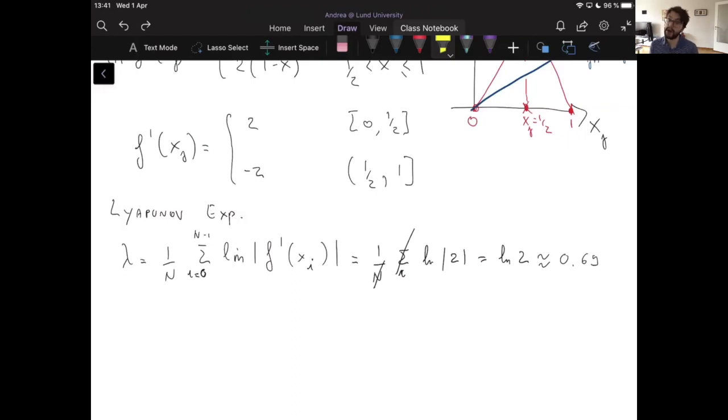And especially with this map, it is chaotic precisely because it does not have any periodic solution.